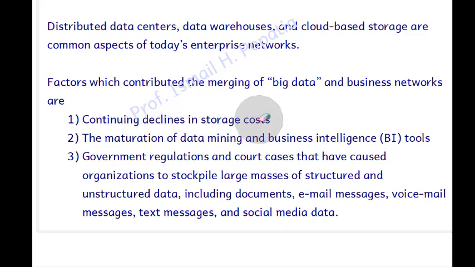Previously storage media were expensive, now they are becoming cheap. Then the maturation of data mining and business intelligence tools. Then government regulations and court cases that have caused organizations to stockpile large masses of structured and unstructured data, which may be used for further applications.